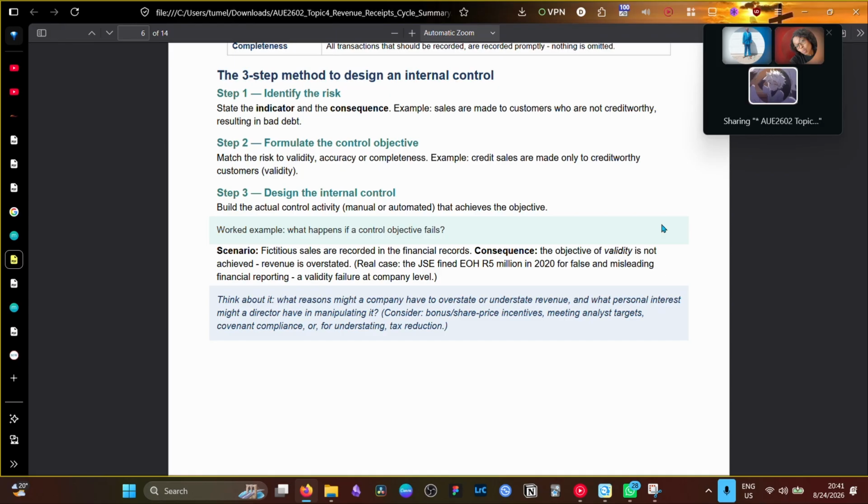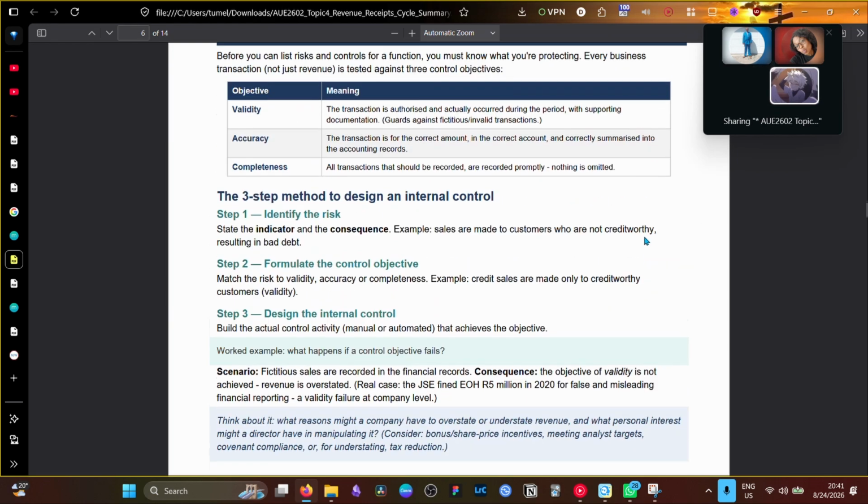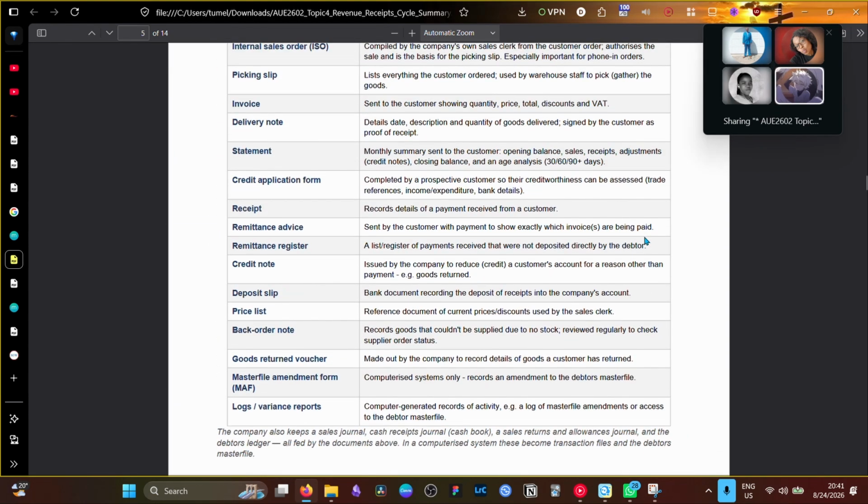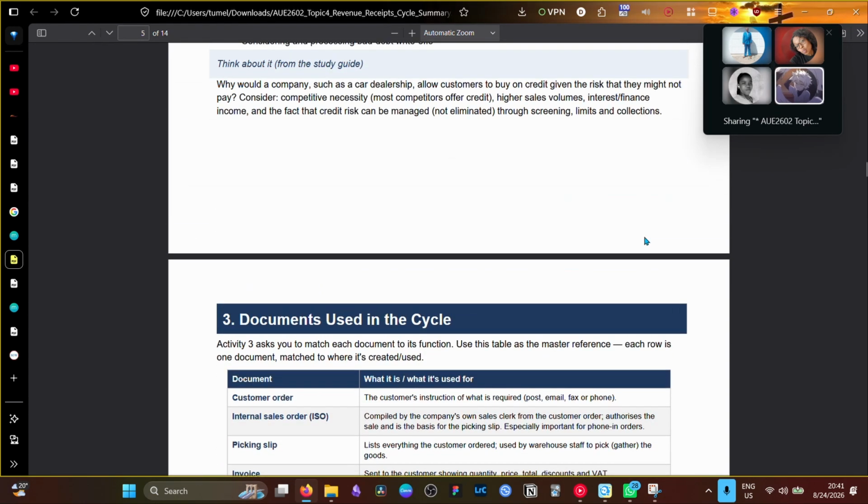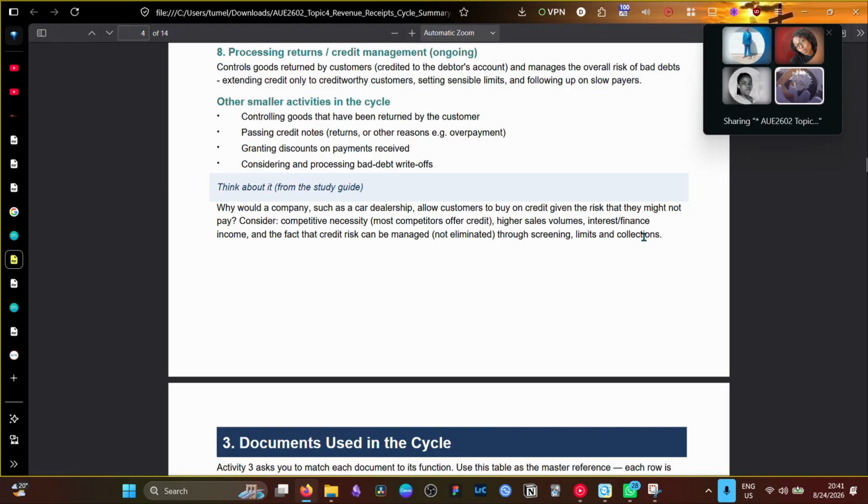And so that's why internal control is important. That's why corporate governance, because this all relates. Corporate governance and these measurements that happen here.